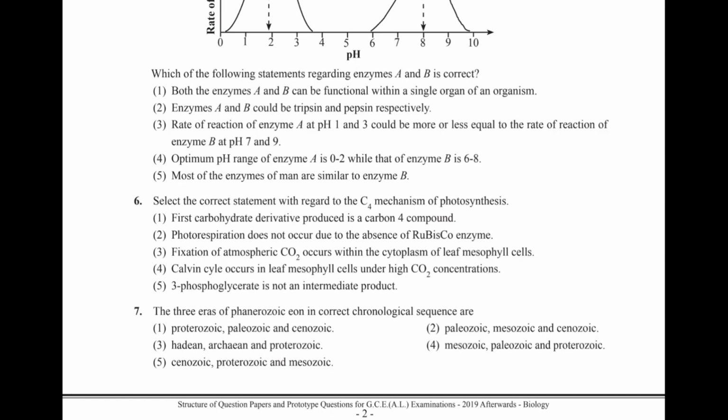Then in the chloroplast of the bundle sheath cell, this malate is decarboxylated into pyruvate, right? And then the Calvin cycle takes place here. Yes. So the first statement is correct.